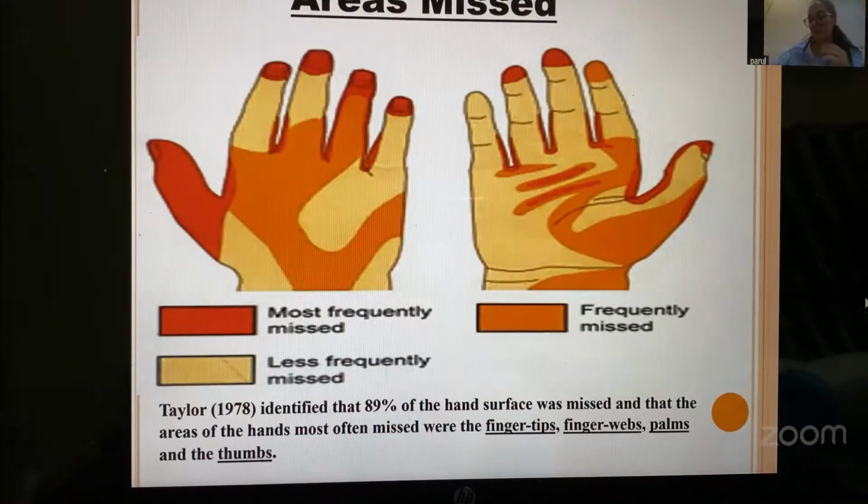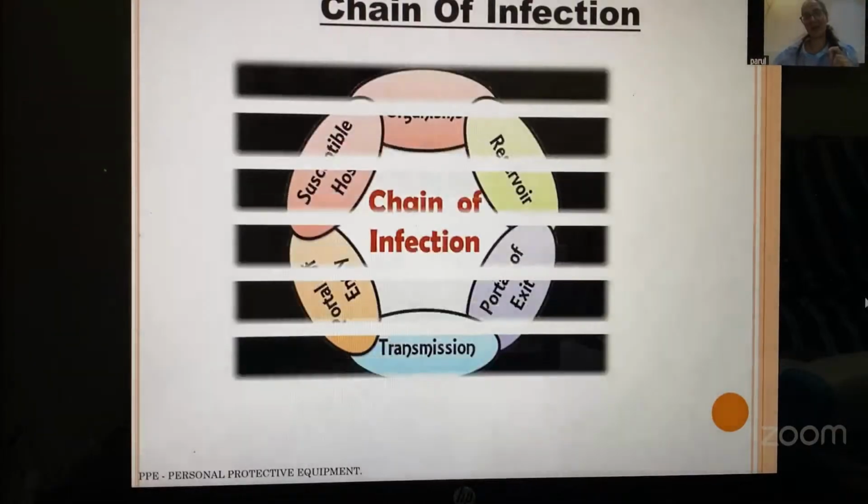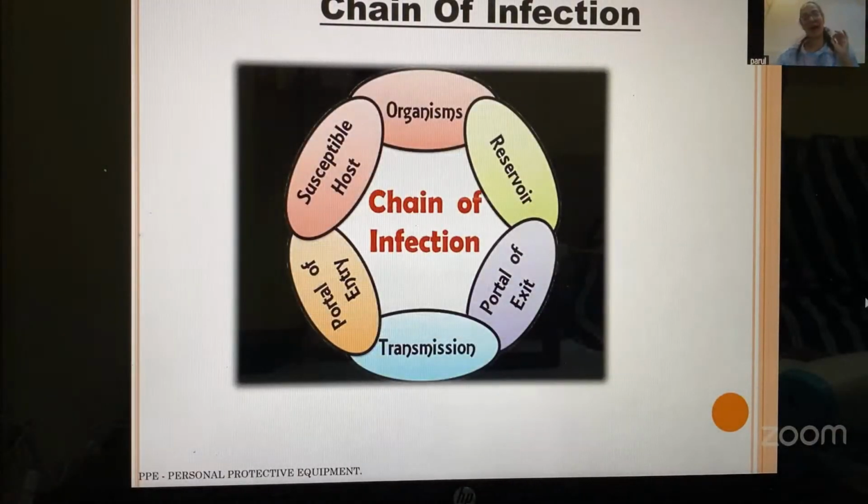There are a lot of places, if we do not follow proper steps of hand hygiene, especially the fingertips, the finger webs, the palms and the thumbs, which can cause very significant infections. So to save lives, if from the entire text of what I say today I have to give you one important piece of advice, I would tell you to please do your hand hygiene steps properly, and we will go through them in the subsequent texts.